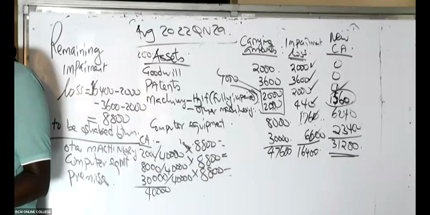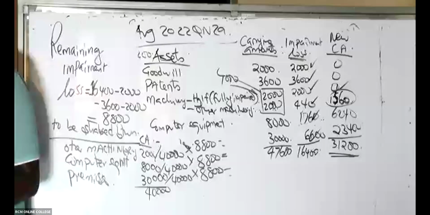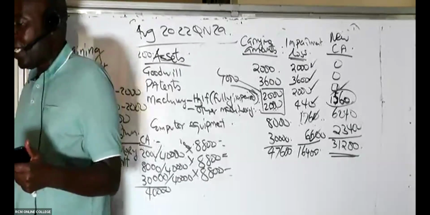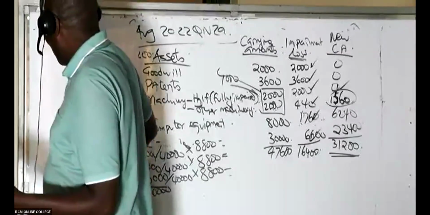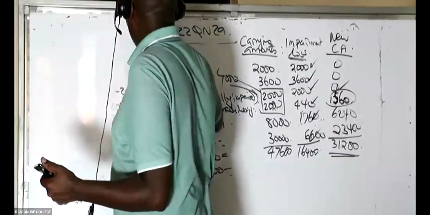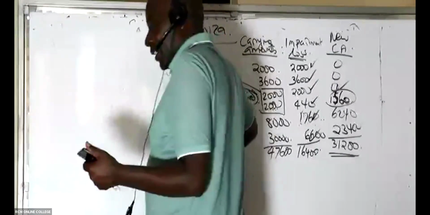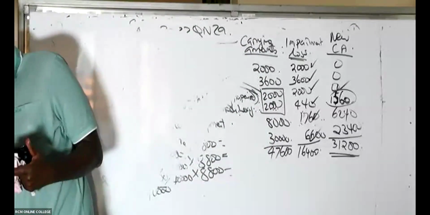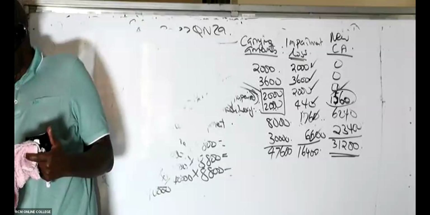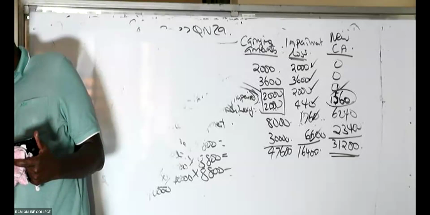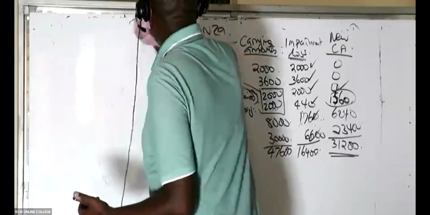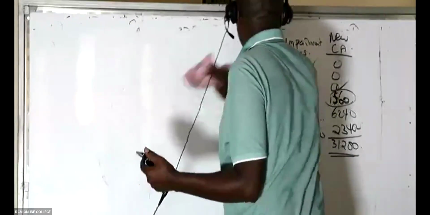Have you guys gotten the question? September 2021, question number 5C, the last question in this subtopic. Have you gotten the question? Why are they not talking to me? Or am I muted? No, I'm not muted. Got it. Thank you very much. They have gotten this question.